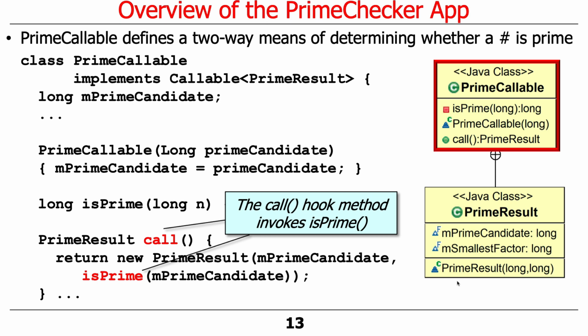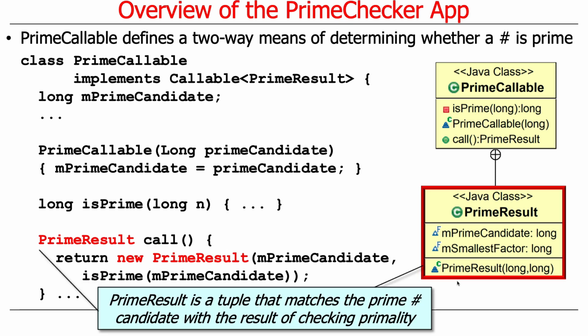That is going to turn around, and as you can see, it's going to make a call to isPrime to see if this is in fact a prime number, and it's going to store the result in a new PrimeResult, which we'll talk about in a second, and that PrimeResult will basically deliver back what the original number was, the original candidate we were checking for primality, and the smallest factor if there is one, or 0 if it's a prime number.